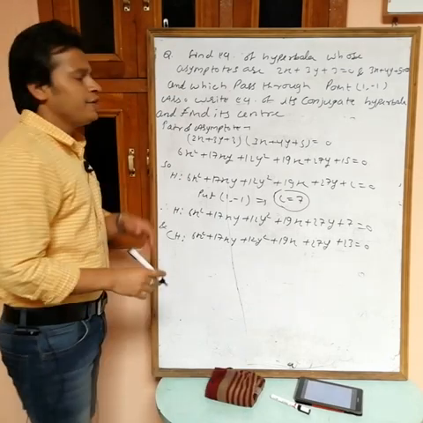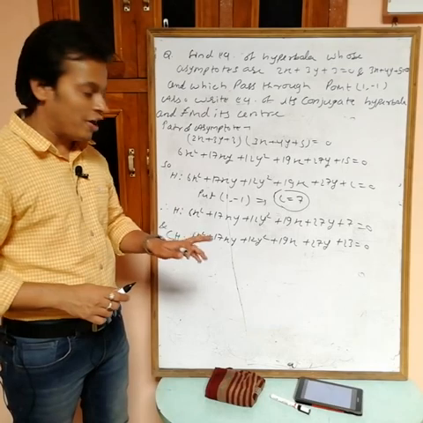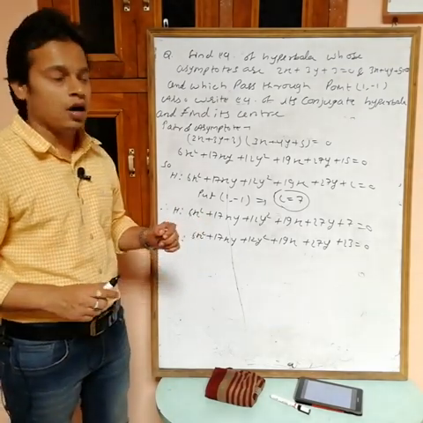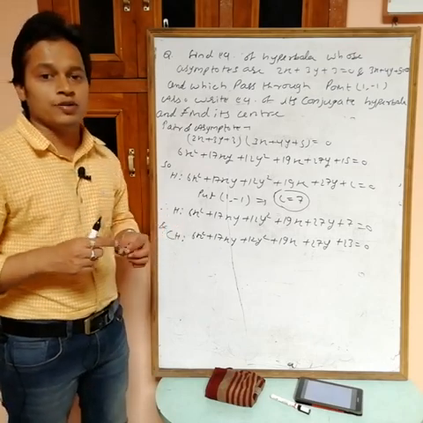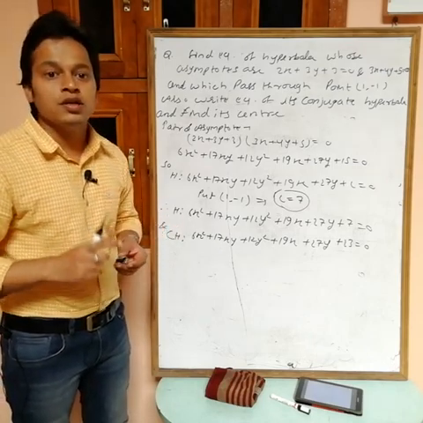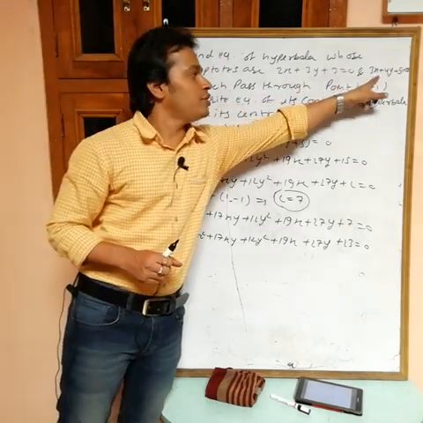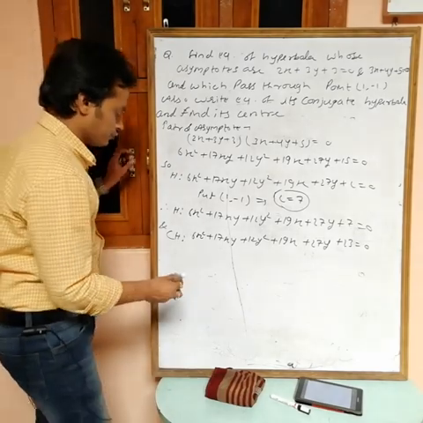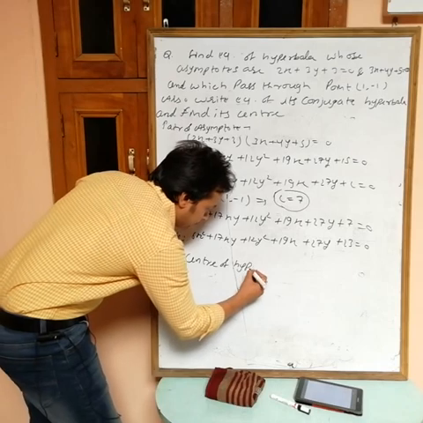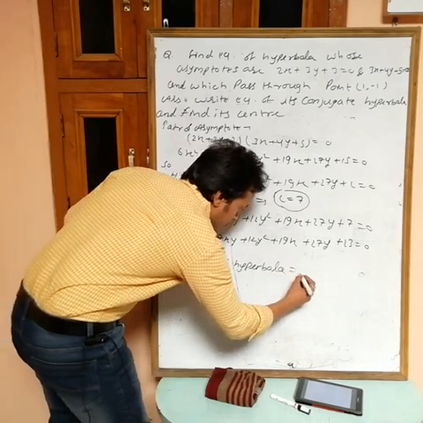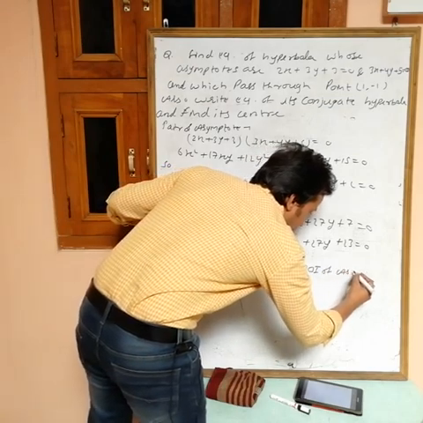And next, also find its center, the center of the hyperbola. Now we can find the center of the hyperbola using these equations. We know that the pair of asymptotes always intersect at the center of the hyperbola. So the center of the hyperbola is the point of intersection of the asymptotes.